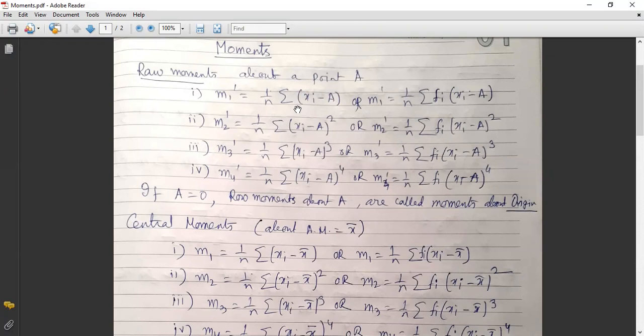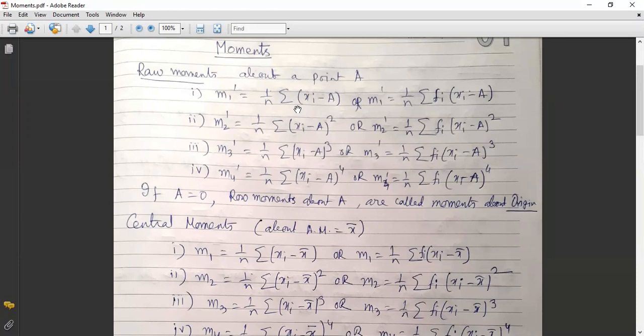So to differentiate these two frequency distributions, other than the measurement of central tendency and the measurement of dispersion, to describe a frequency distribution, or to compare two different frequency distributions, we need something more.